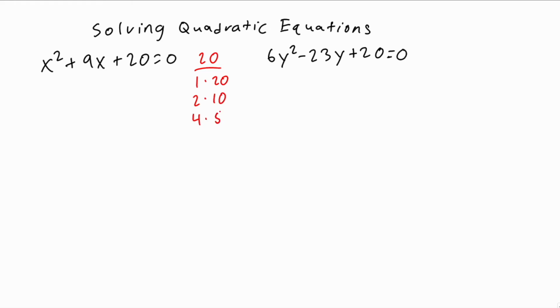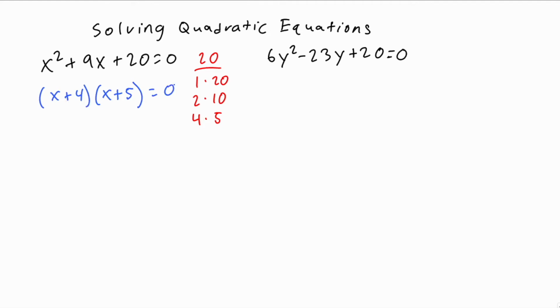Those are all the factor pairs of 20, and we need to figure out which one adds to 9. So, well, 4 plus 5 equals 9, so that's the one we're going to use. So we'll have x plus 4 times x plus 5, and that all equals 0.